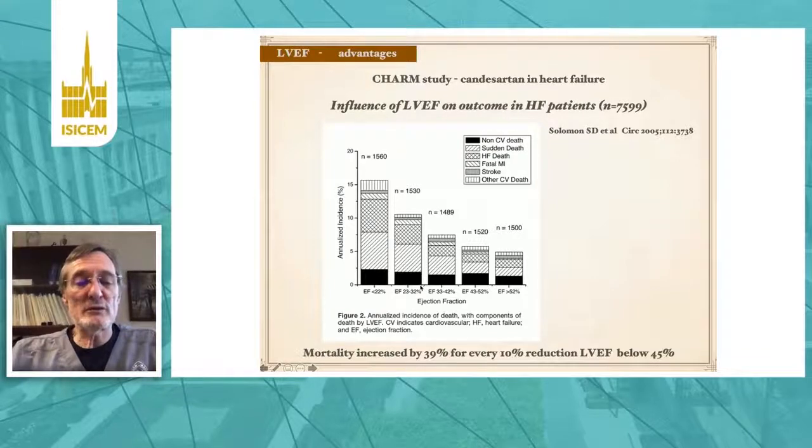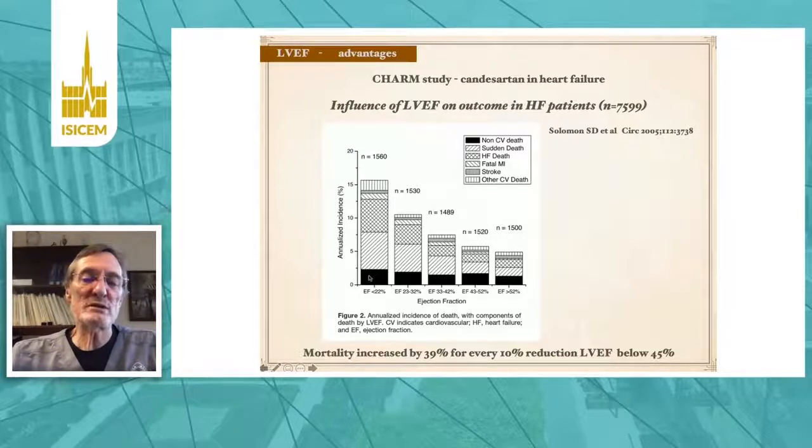The important thing in this graph is the ejection fraction: less than 22%, 23 to 32, up until greater than 52%. You can see that the lower your ejection fraction, the higher the annualized incidence of major events, in particular death.